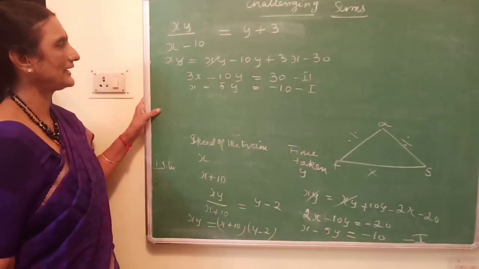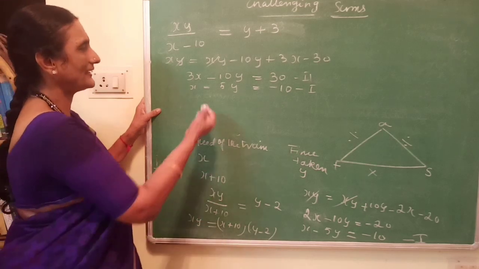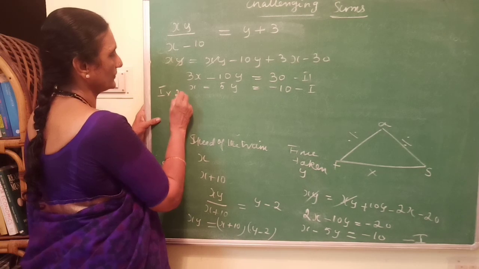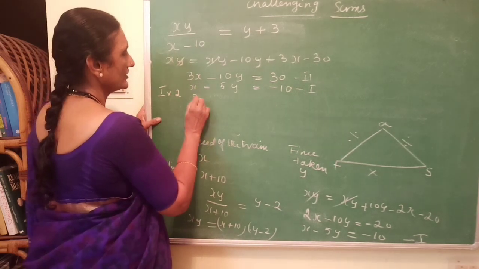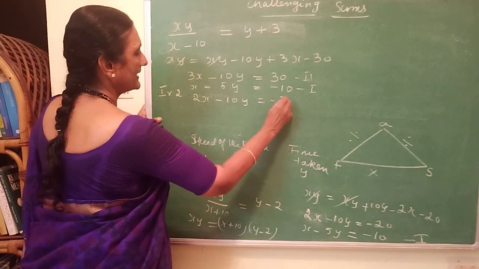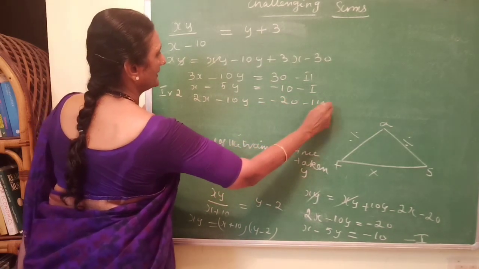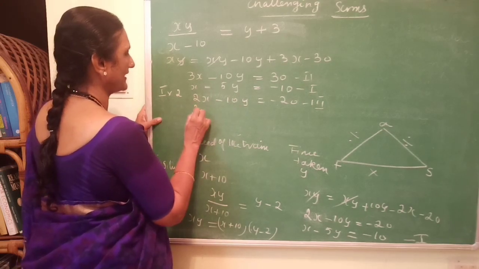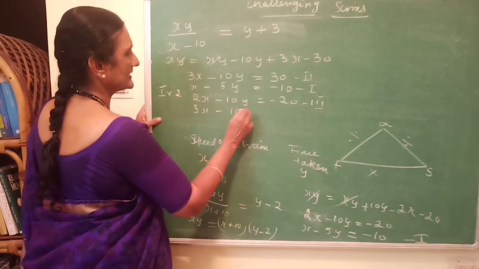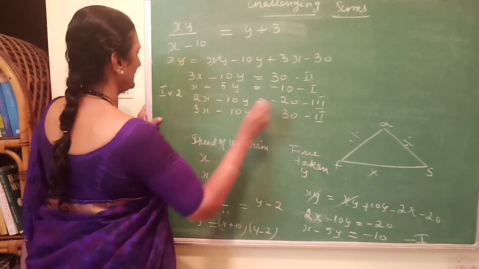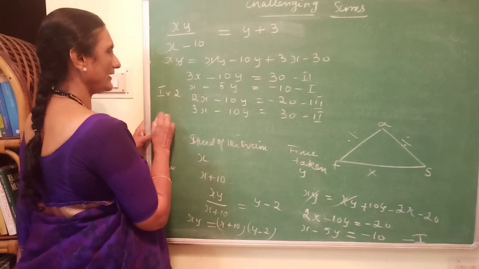So how do we do that? We just multiply the first equation by 2. You will get 2x minus 10y is equal to minus 20 being the third equation. And the second equation we can write once again, 3x minus 10y is equal to 30. So how do we write it?